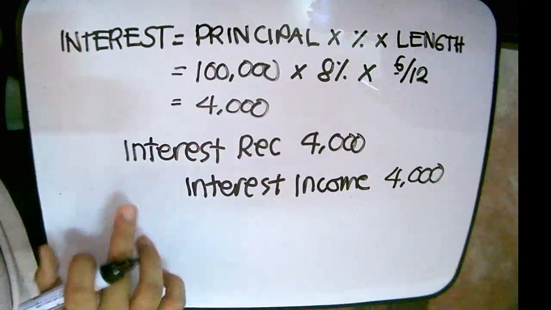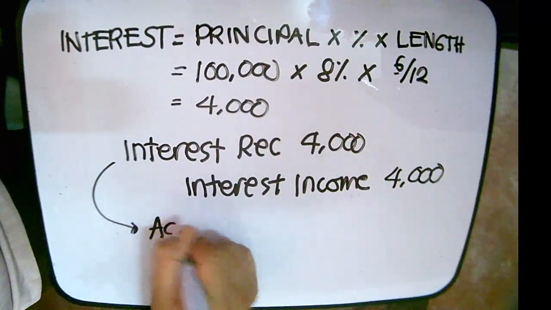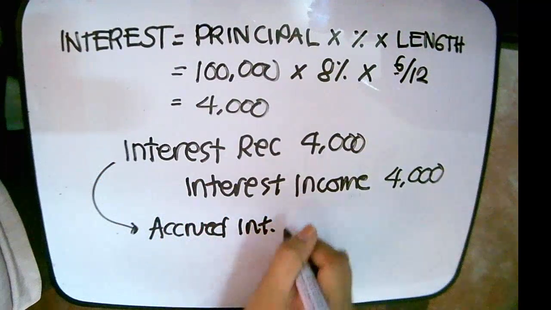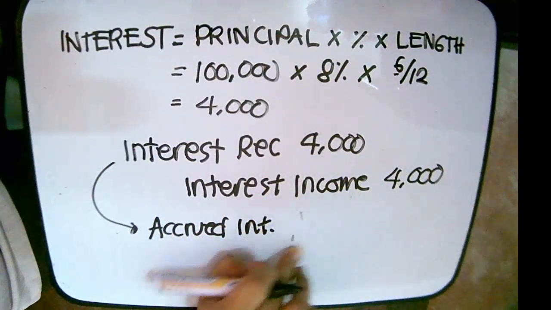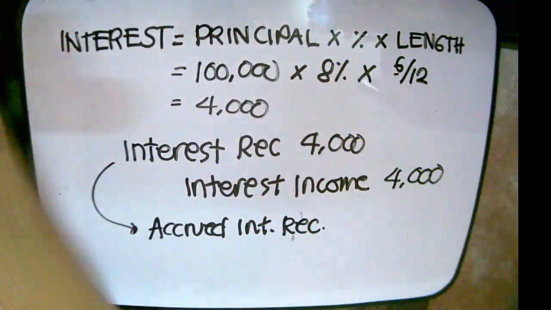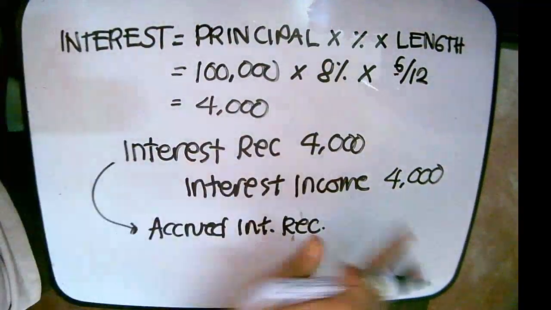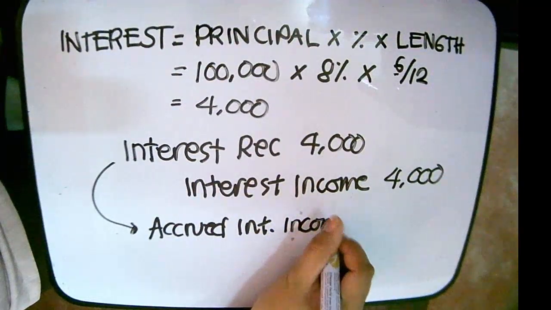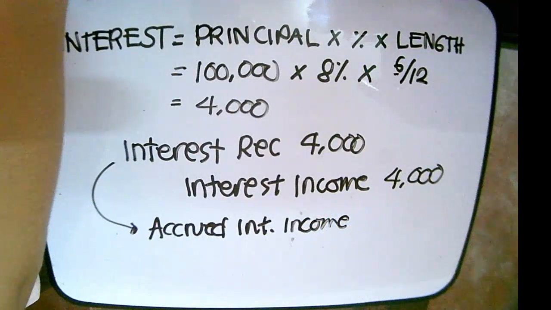So, ang other term na ginagamit dito or other account title, pwede natin gamitin accrued interest income or accrued interest receivable. I mean, accrued interest income dapat. Accrued interest income. So, yan yung magiging entry natin.